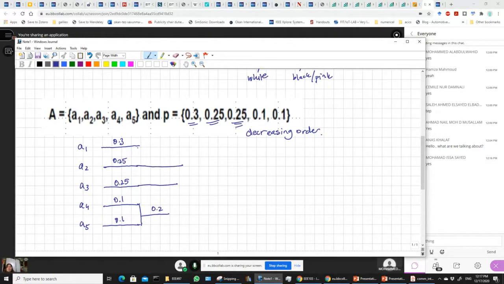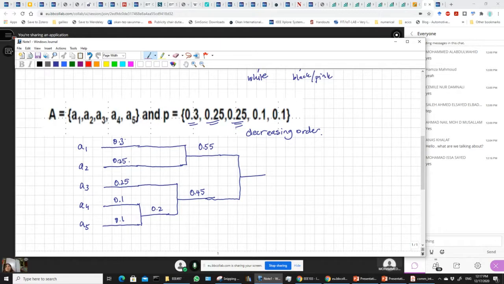And then it would probably be easiest to merge these two, and you get 0.45. Now the smallest two are the 0.25 and the 0.3. So now we merge these two, and we get 0.55. Okay, and then of course they both add to 1.